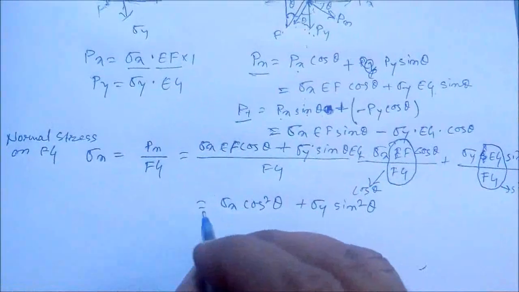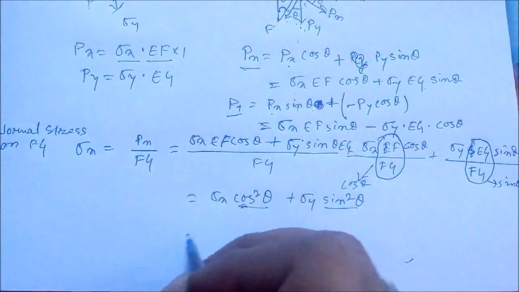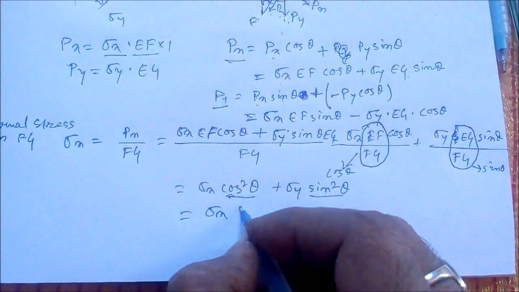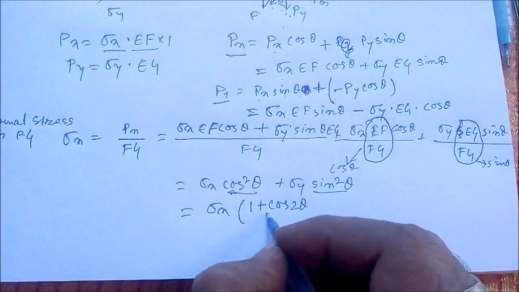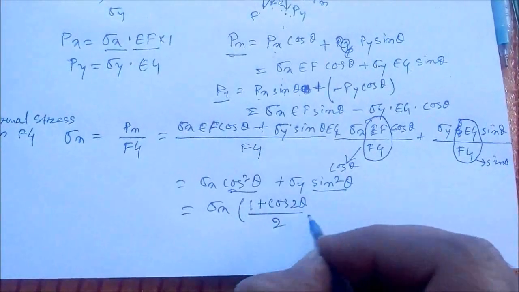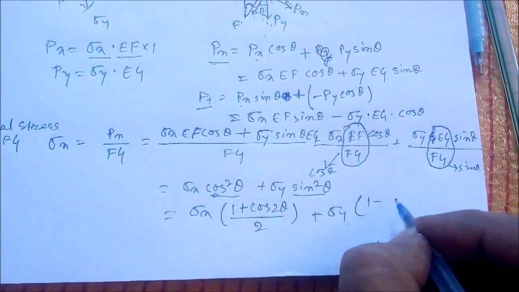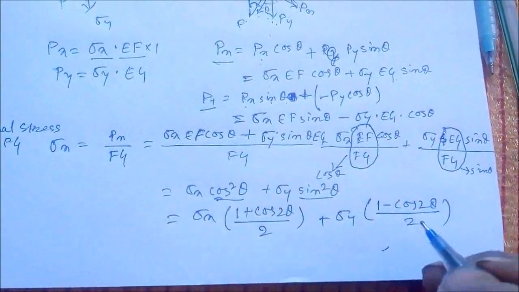So again, if we convert these two values, we will be getting sigma x (1 plus cos 2 theta) divided by 2, and sigma y (1 minus cos 2 theta) divided by 2, right?